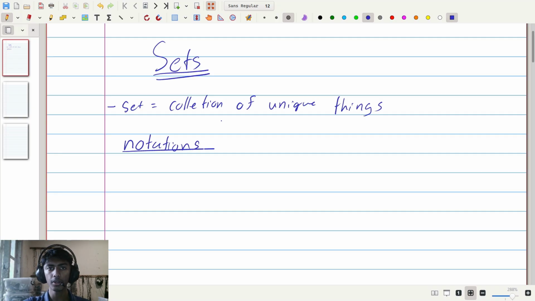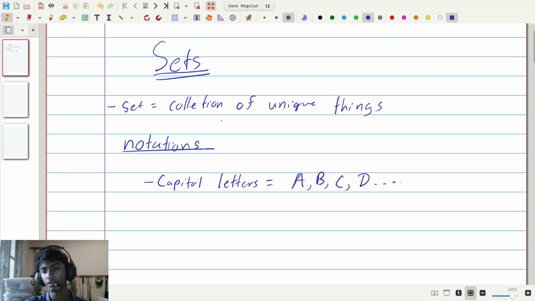So one notation of sets is to simply use capital letters. It's very common to do this. Like let's say we could put capital A, capital B, capital C, capital D, and so on for the different sets. We could also use special symbols.